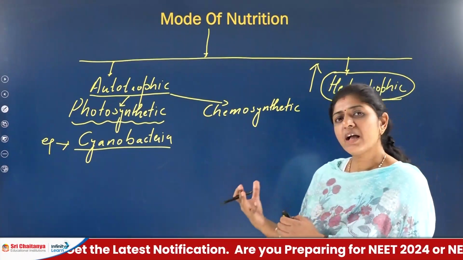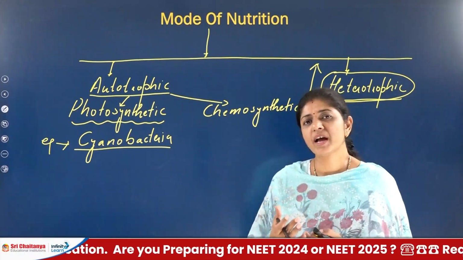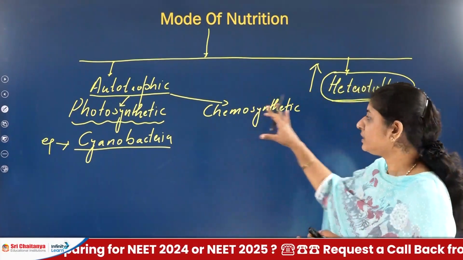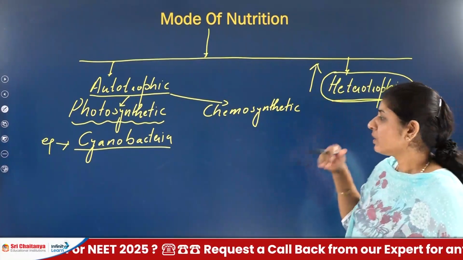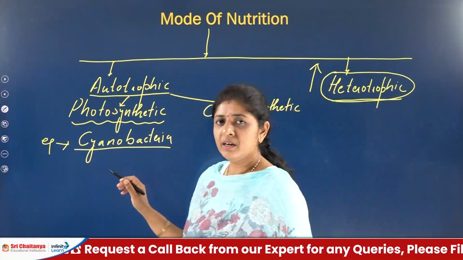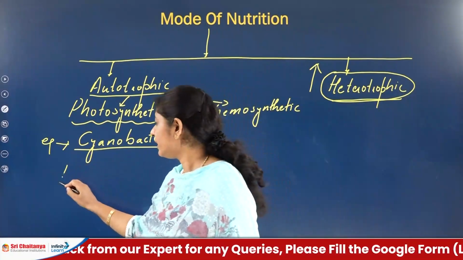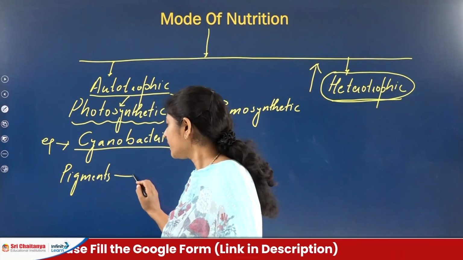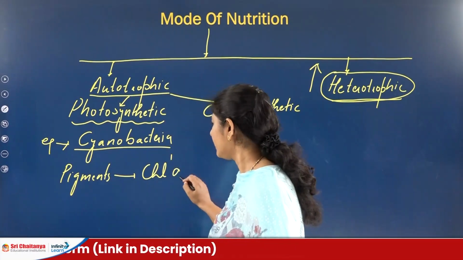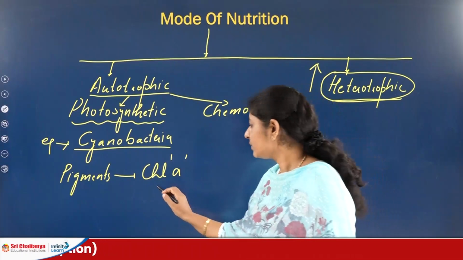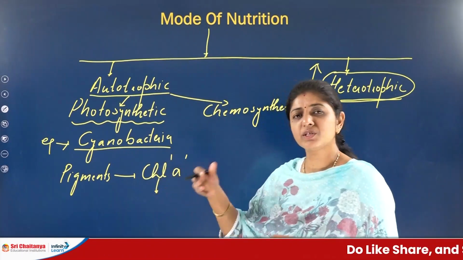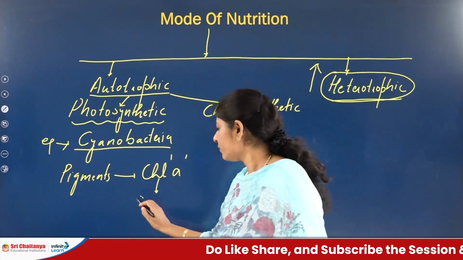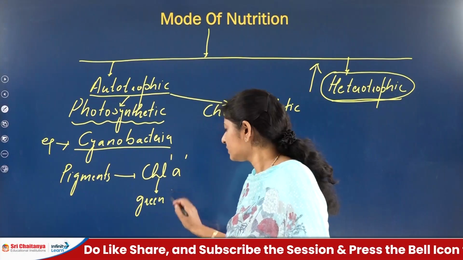The diagram that I have presented earlier, we have to take it from there. Just complete this column first of all. Now, can I say why this cyanobacteria is photosynthetic? Definitely because they have the pigments. Which pigment is there? Chlorophyll A. Can I say it resembles the pigment we have in the green plants?